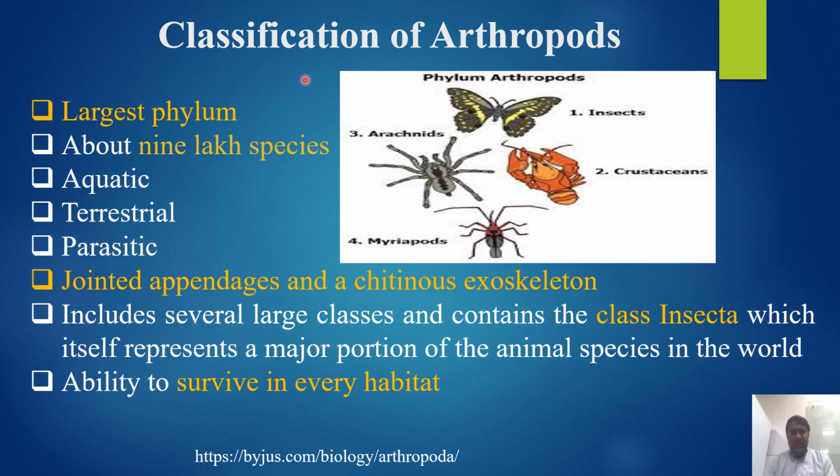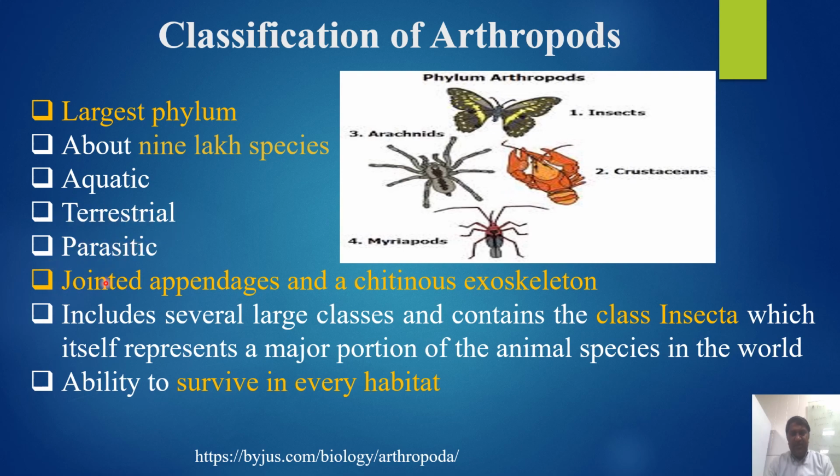So today, first of all, I would like to tell about the classification of arthropods. This is the largest phylum, and it has about 9 lakh species, and these are aquatic, terrestrial, and parasitic.